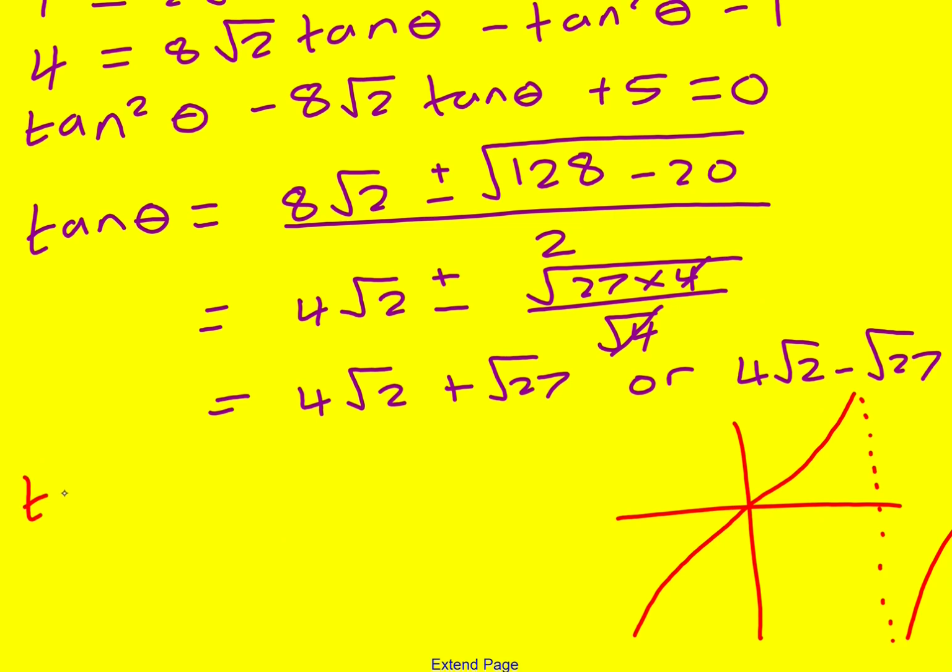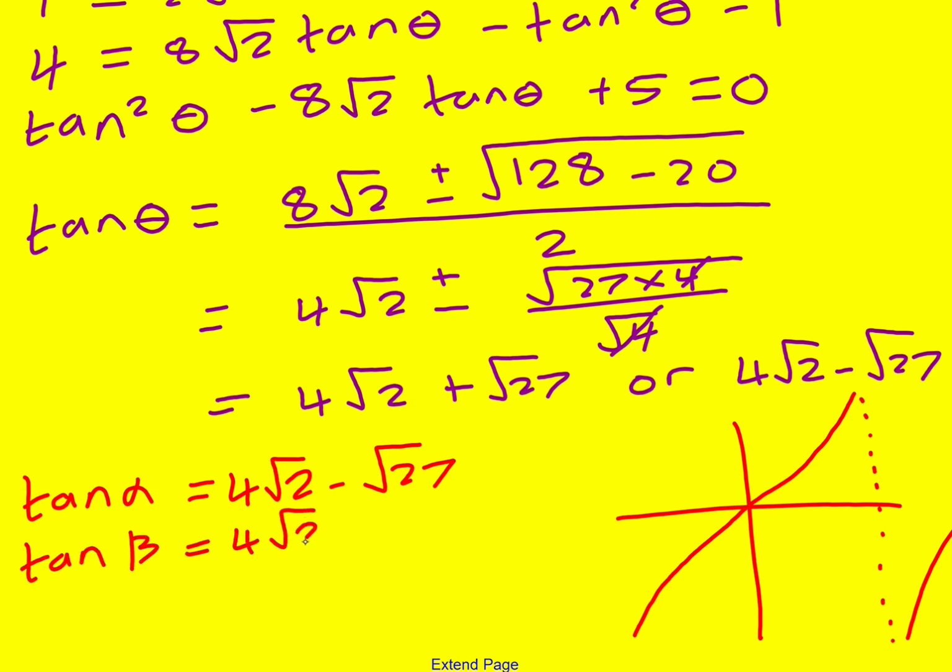So it must be that tan alpha is the smaller of the two, which is when we're subtracting, 4 root 2 minus root 27, and tan beta is 4 root 2 plus root 27. This is because alpha is less than beta and tan is an increasing function.